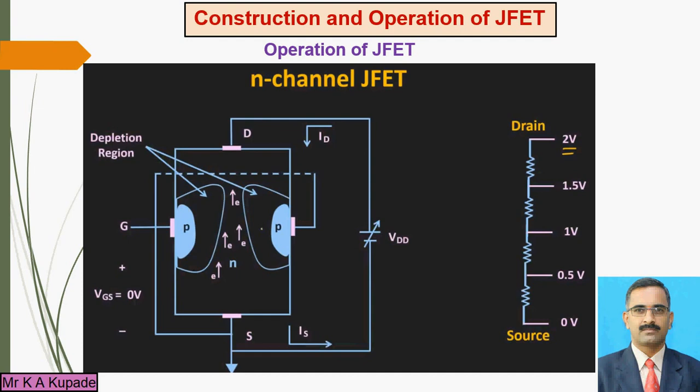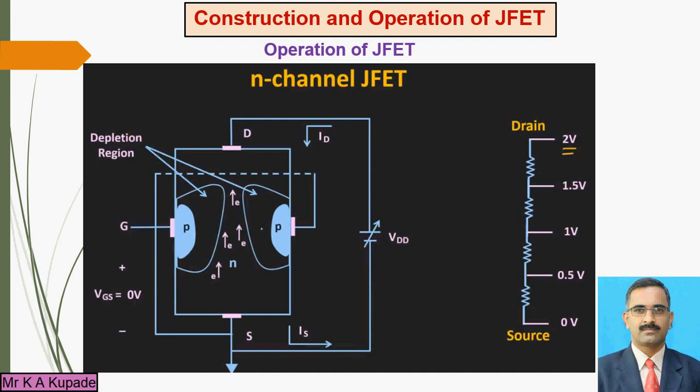During this operation, the flow of electrons is minimized, so less electrons flow from the source to the drain. When the depletion regions touch each other, there is no flow of majority carriers in the channel, and no current flows in the JFET.